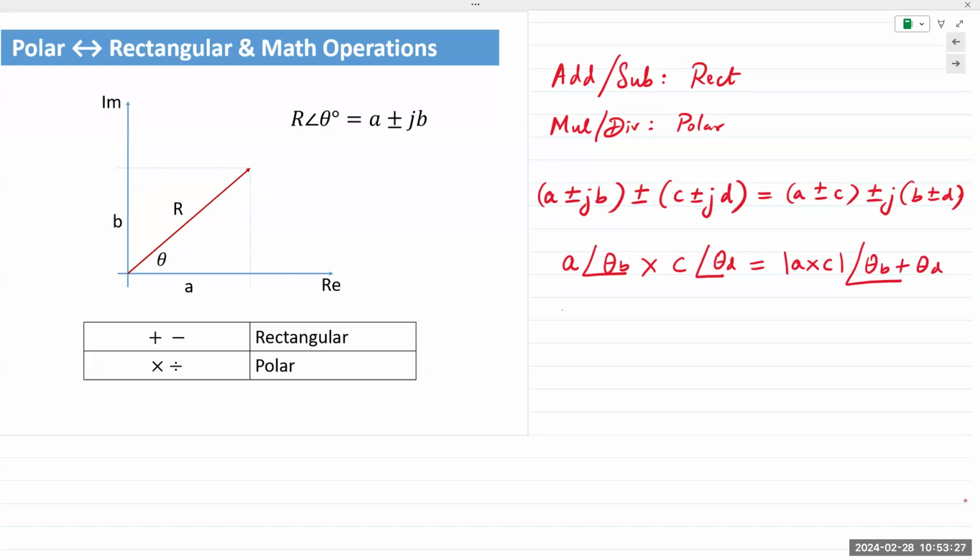If you're performing a division, same principle. Magnitudes get divided, but the phase angles are subtracted: numerator minus the denominator, theta b minus theta d.